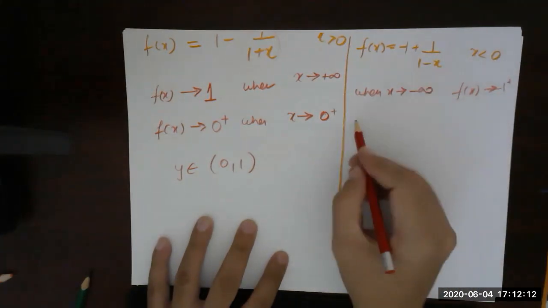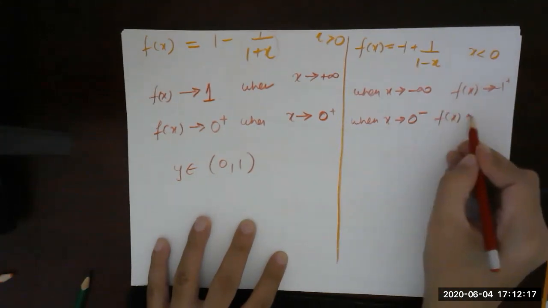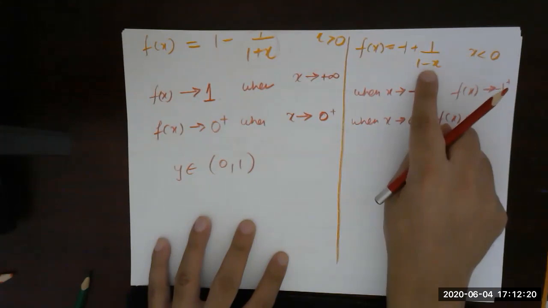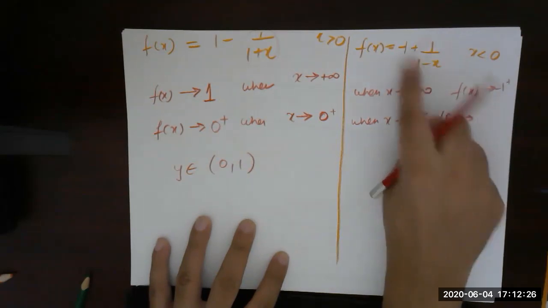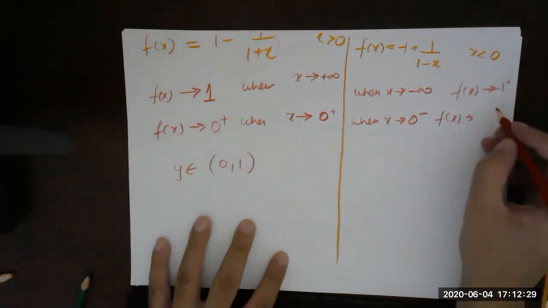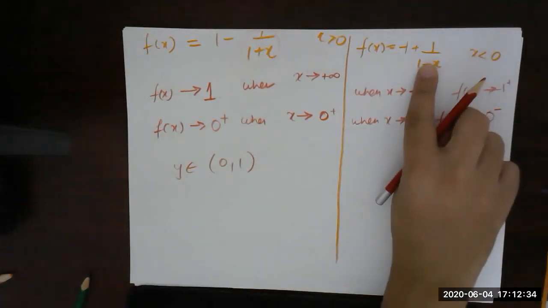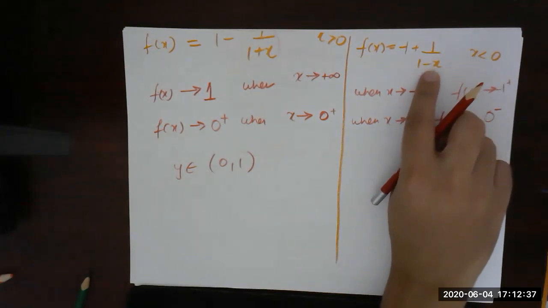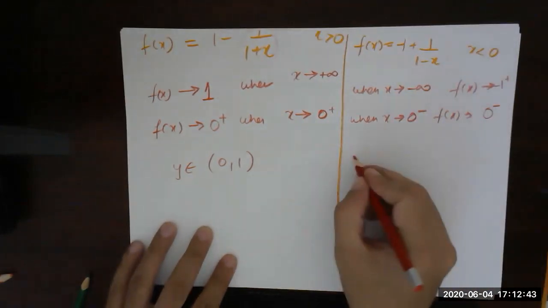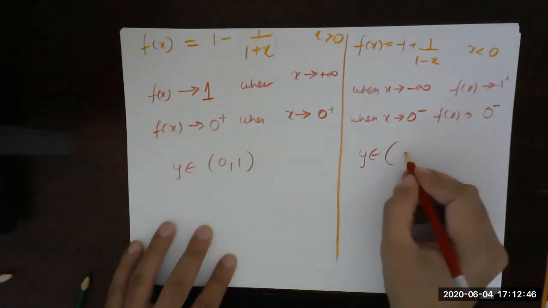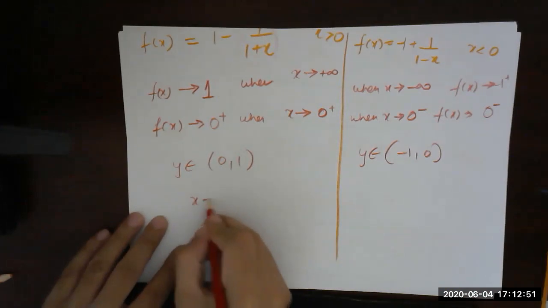Now when x is tending to 0 from the left side, the denominator is less than 1 but almost 1, so f of x will try to reach 0 from the negative side. So minus 1 plus 1 will give you something. So on the left hand side, y will go from minus 1 to 0.